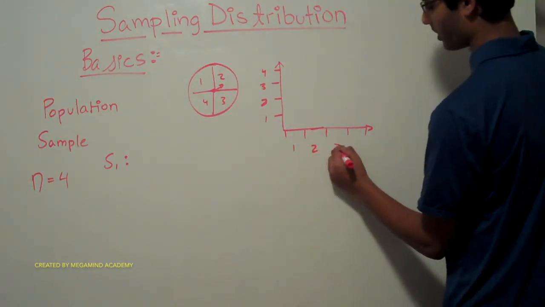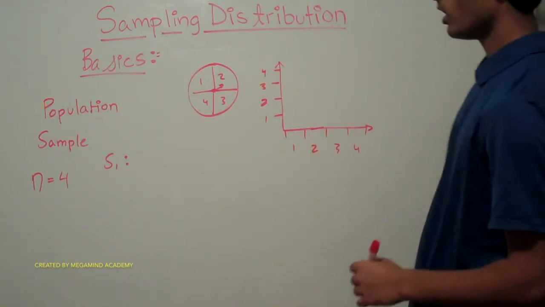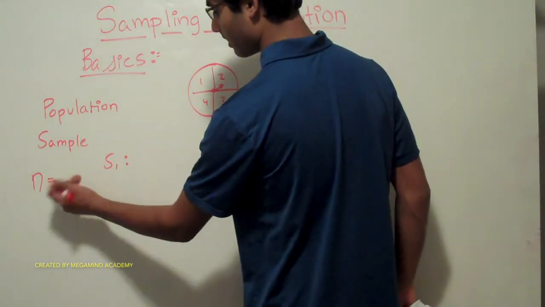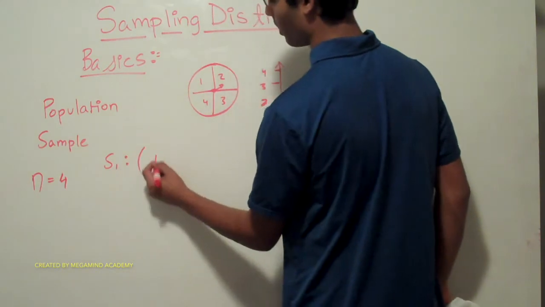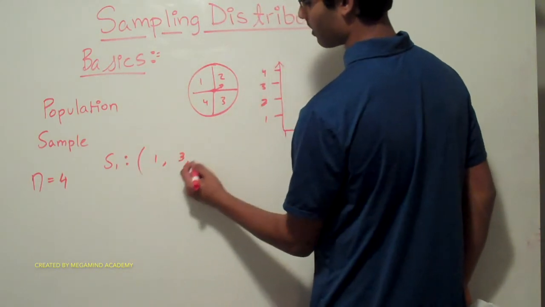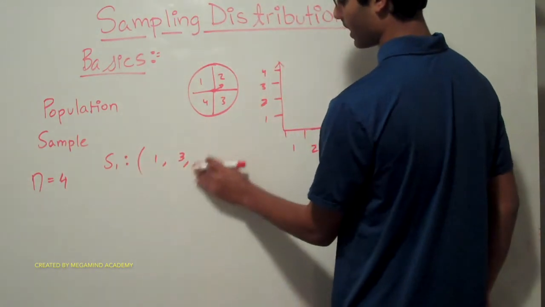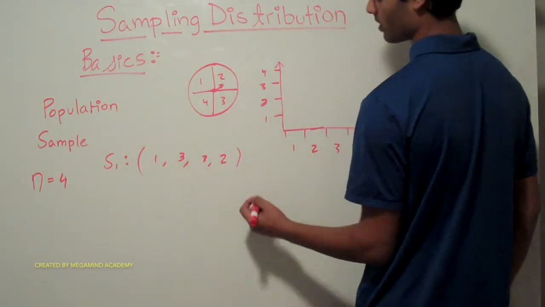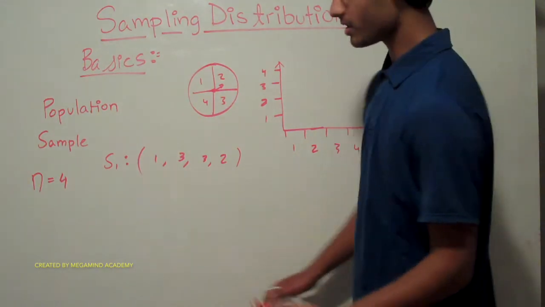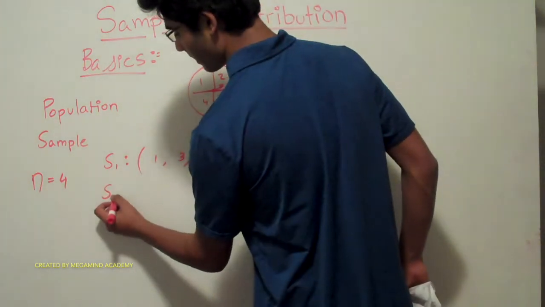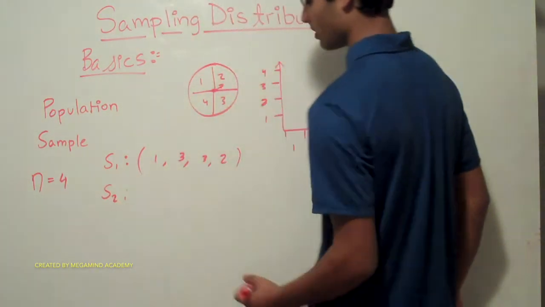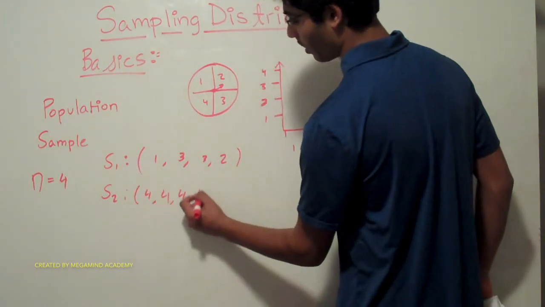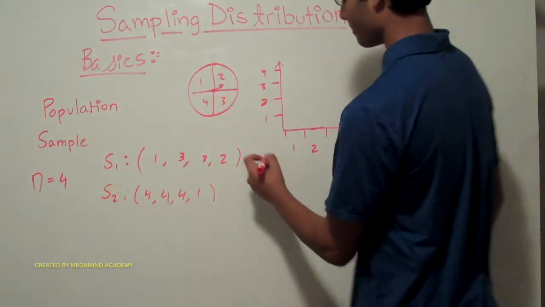Let's say that in your sample size of 4, you get 1, 3, 3, and 2. And then you take another sample, S2, and you get 4, 4, 4, and 1.